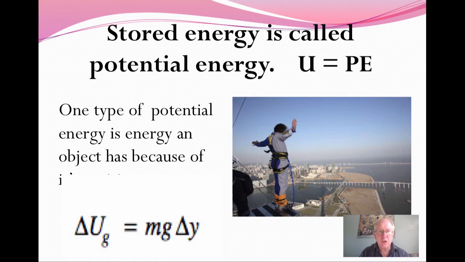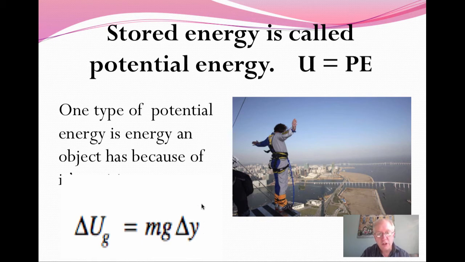Now on your AP formula sheet, they'll say that the change in your potential energy due to gravity is your weight, that should make some sense here, multiplied by how high off the ground you are, your displacement in the y direction, or actually your change in position, because this is talking about change in potential energy.